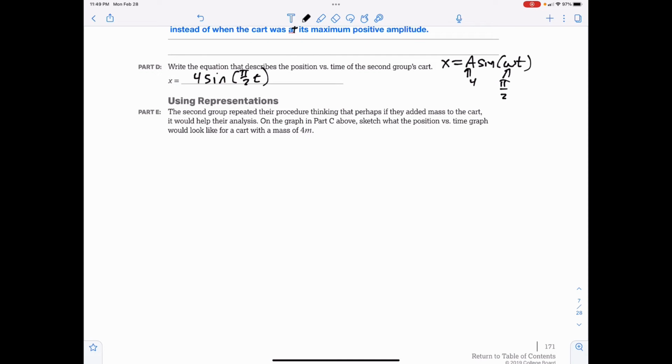Part E. The second group repeated their procedure, thinking perhaps if they added mass to the cart, it would help their analysis. On the graph in part C above, sketch the position versus time graph of what the cart would look like with a mass of 4m. So if we quadruple the mass, what's going to happen?